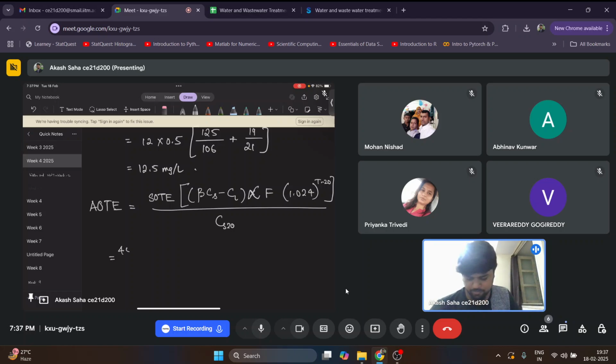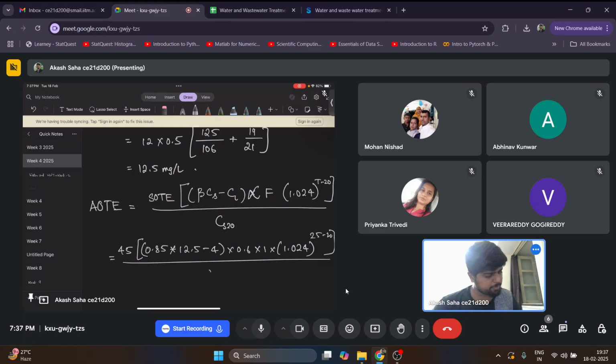So it is 45, 0.85 into 12.5 minus 4. Alpha is 0.6, F is 1, into 1.024 to the power temperature given, 25 minus 20, divided by the CS20, which is 9.5.